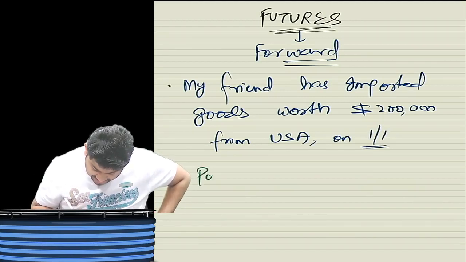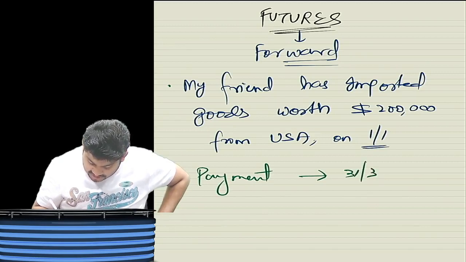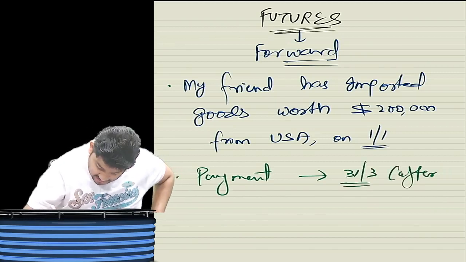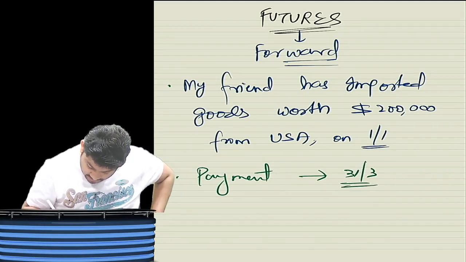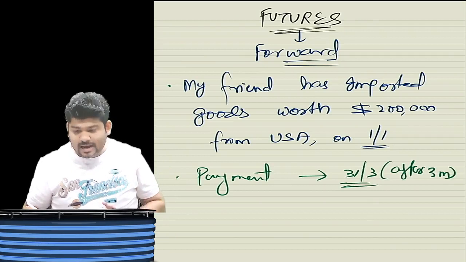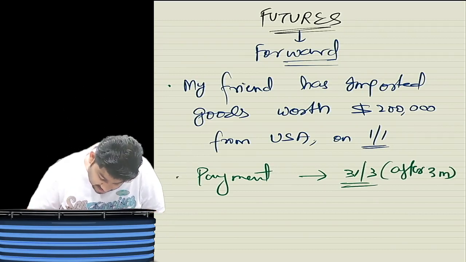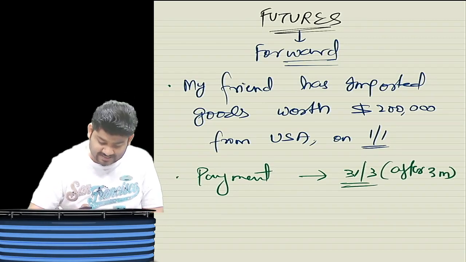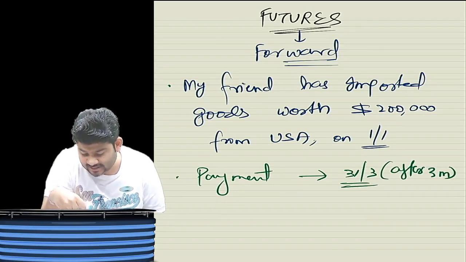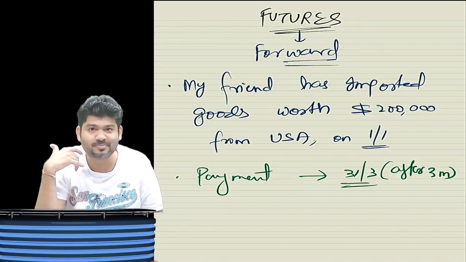Now he has to make the payment on, say, 31st of March, which is after 3 months. Let's say your friend has come to you and says, hey, do you know I've started an import and export business?